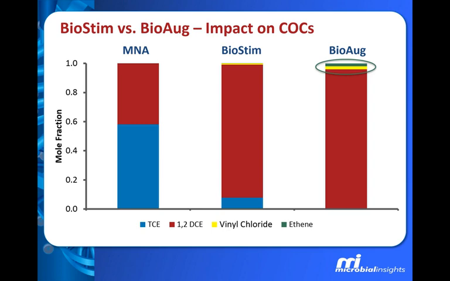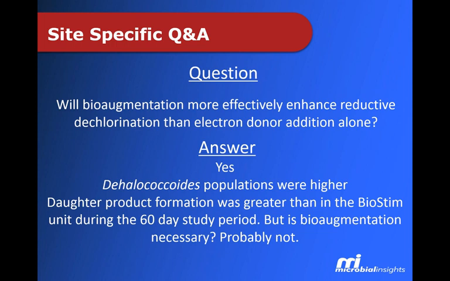Now, if we compare that to the COC results from the bioaugmentation culture, now we see the TCE is totally gone. We are seeing slightly higher concentrations of vinyl chloride and higher concentrations of ethene. But the results are not staggeringly different. So the question was, will bioaugmentation more effectively enhance reductive dechlorination than the electron donor addition alone?